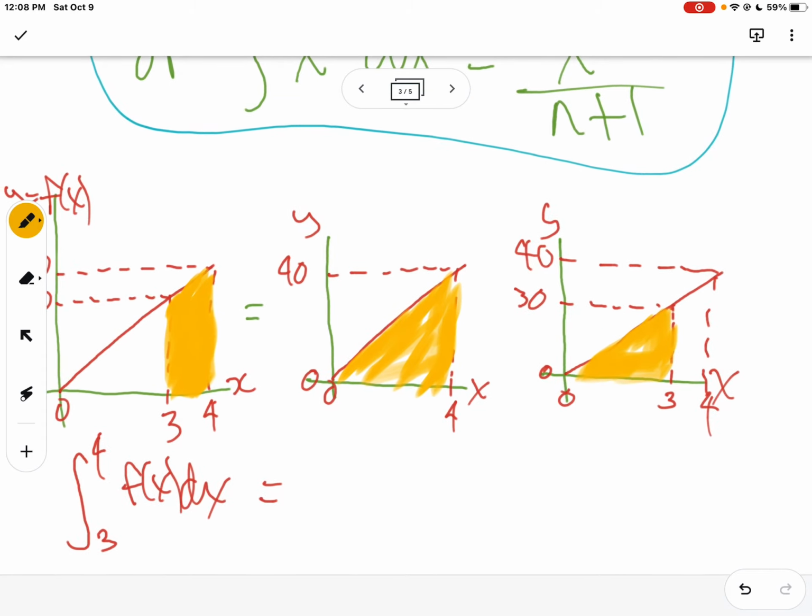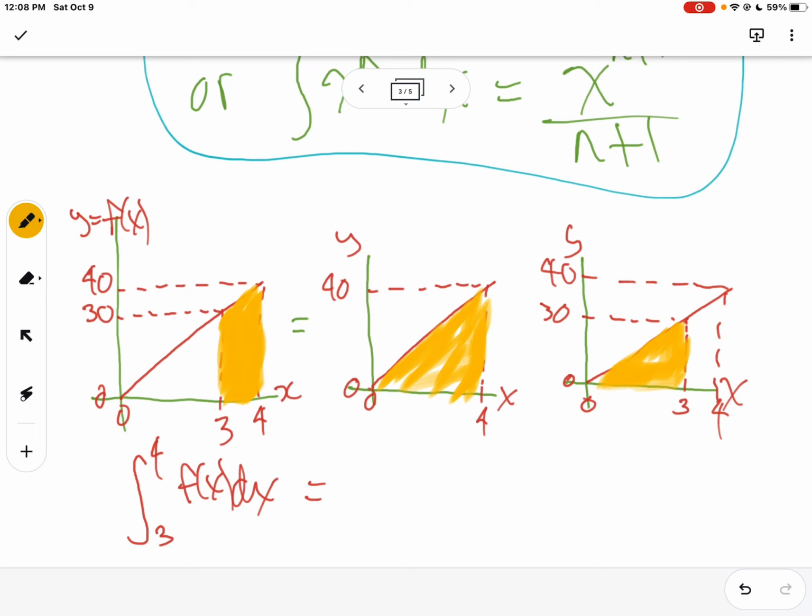Is there a way that we can determine this area here from these two graphs? Notice, this is the area from 0 to 4. This is the area from 0 to 3. So how do I get the area of this from the area 0 to 4 and area 0 to 3?